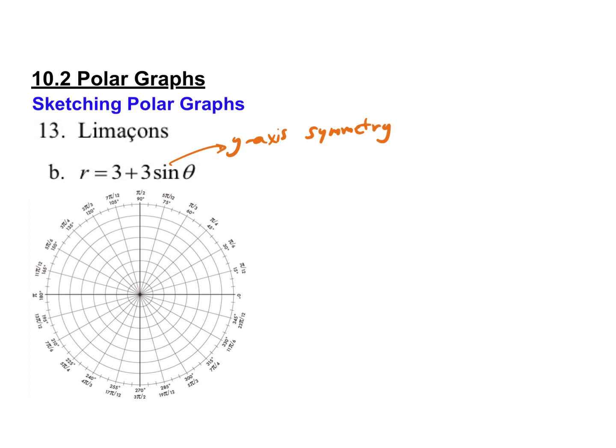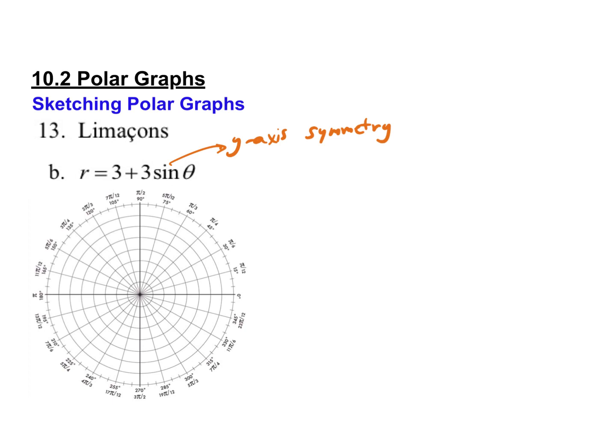For this particular problem, how big could our r be? 3? No. What's the biggest value for sine of theta? 1. So what's the biggest value for r? Oh, 6, right? So this would be 3 plus 3. So the biggest this could ever be is 6.